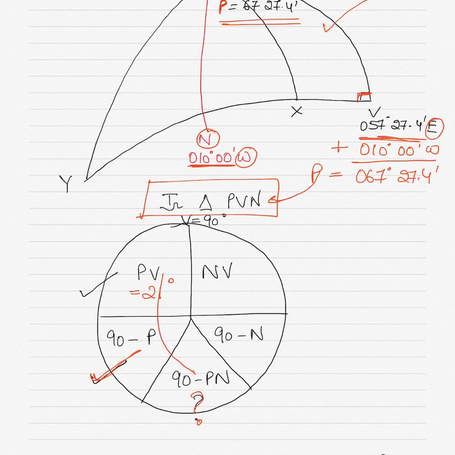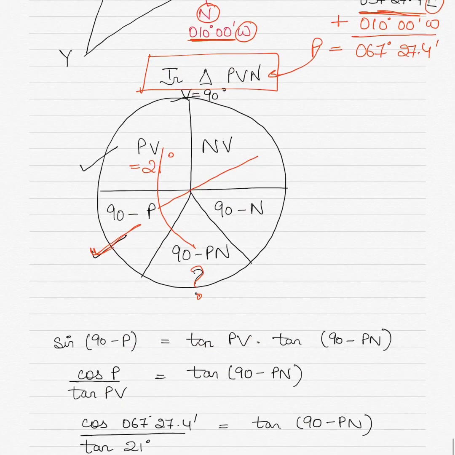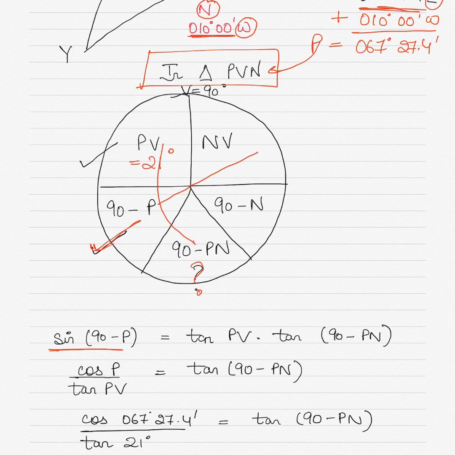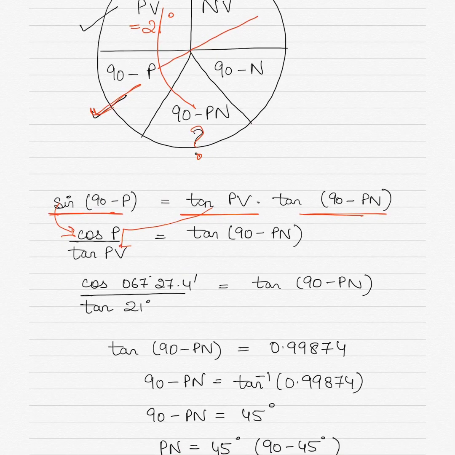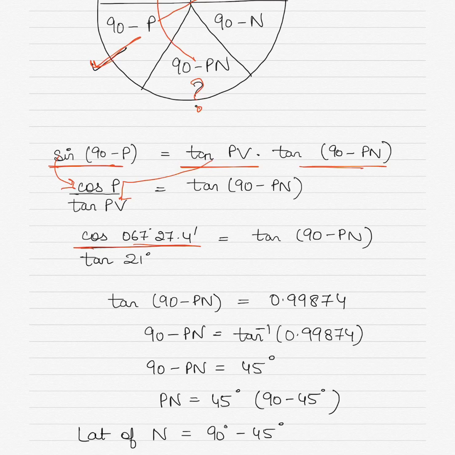Putting all these three in the same equation, sine 90 minus P becomes the middle value, and tan of adjacents is here. Sine 90 minus P also equals cos of P, and take tan PV onto the other side, which makes it division. Put in the values, find out tan of 90 minus PN first, which is equal to 0.99874.